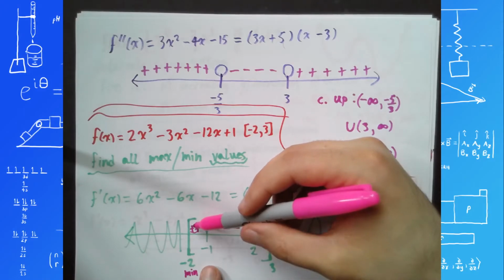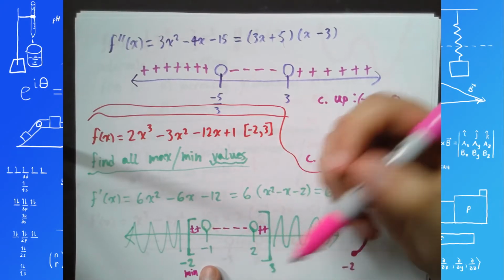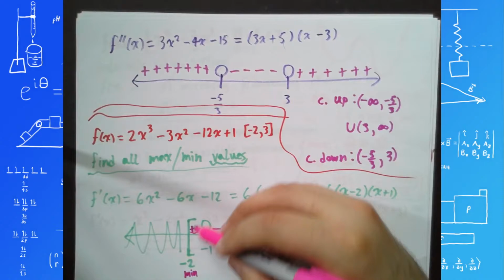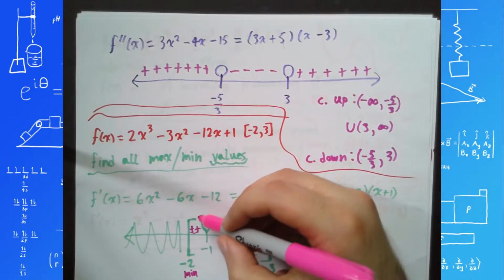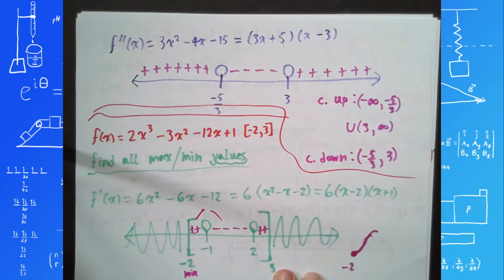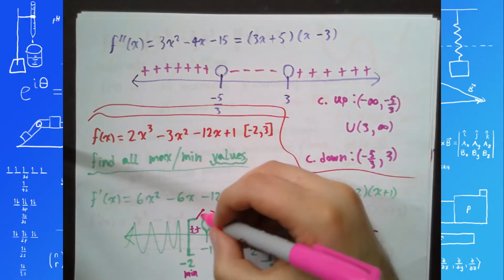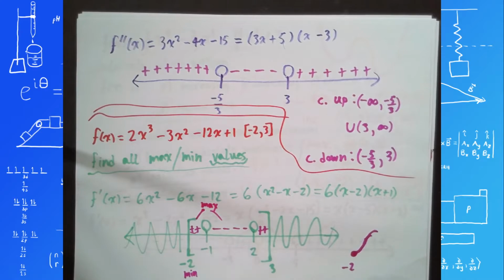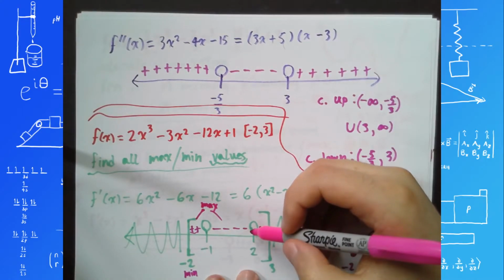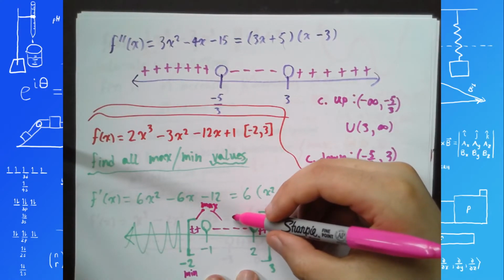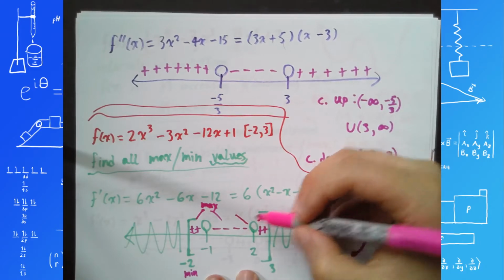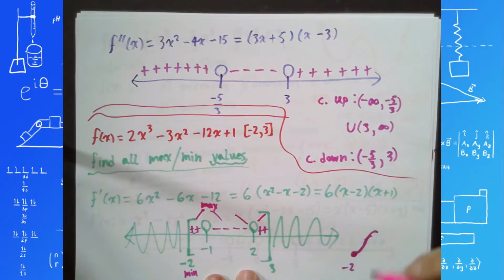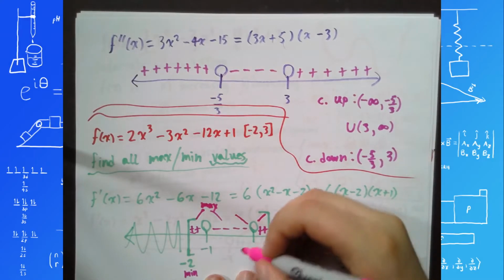Then at negative 1, you've switched from increasing to decreasing. So that is emblematic of a maximum. So we've got a maximum over here. We'll determine whether it's absolute later. Then we went from decreasing to increasing, so that means that we've got another minimum.